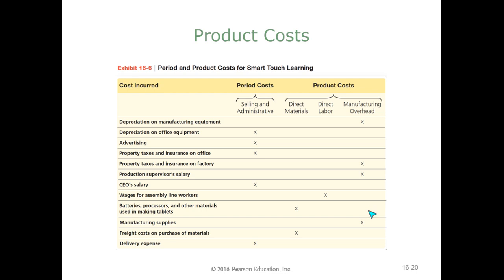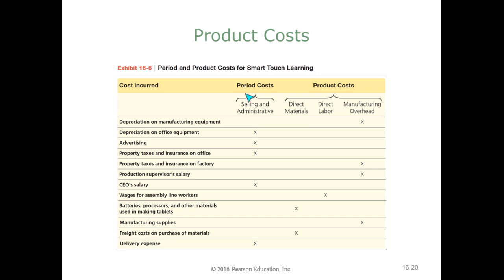When you think office administrative, like an office assistant or an administrative assistant, that might help jog your memory. Anytime that it's office related, it's going to fall within that administrative area. So the wages of the office receptionist fall within administrative, which is a period cost.